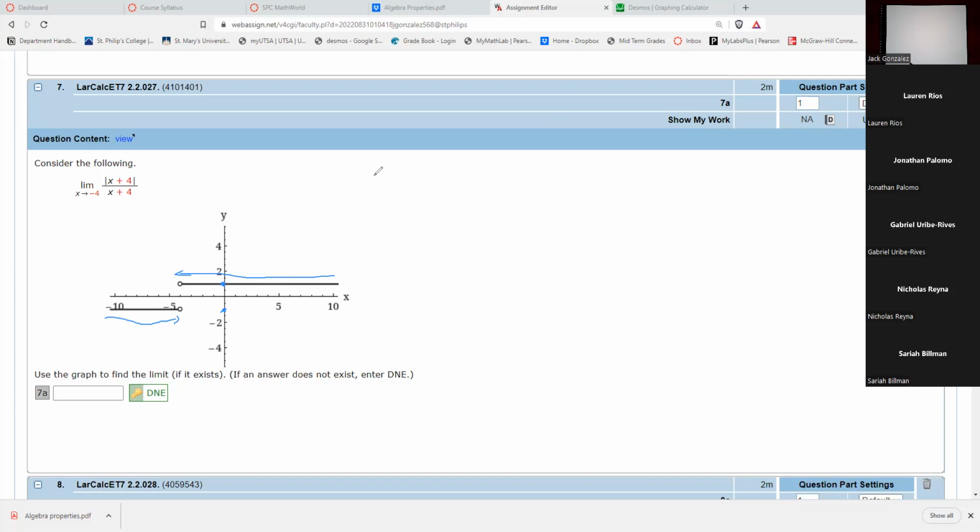So what you would write, this is the notation. I think it's in the next section, but the limit of f of x as x approaches -4 from the right side, the positive side. You agree that that is equal to 1, right?